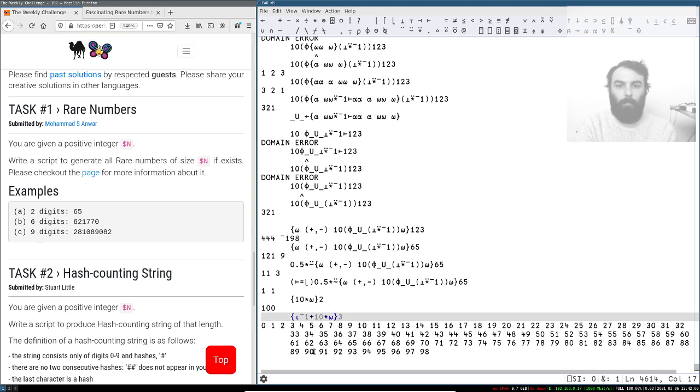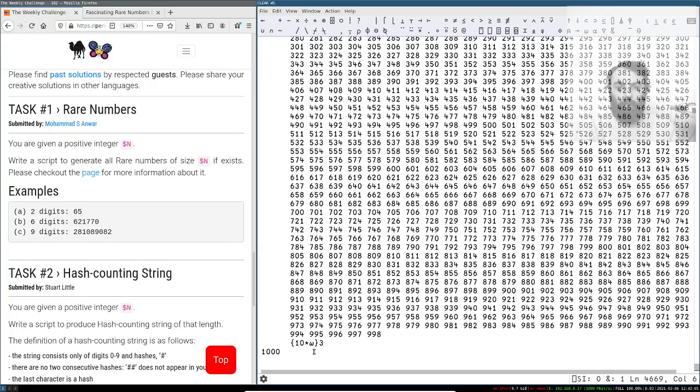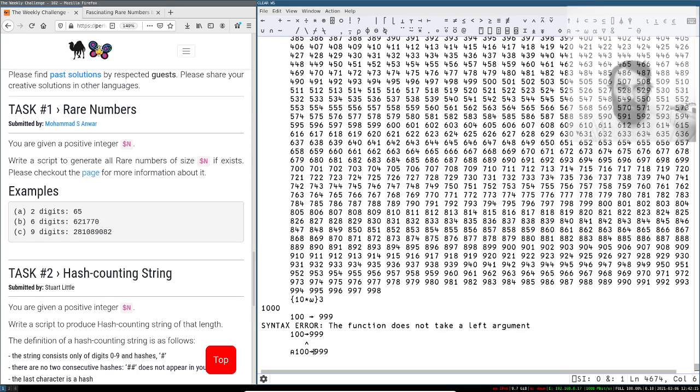Well, easier to check this with 3. So it's 1,000, but you want the numbers with 3 digits, 100 to 999. Oops, that's what you want.